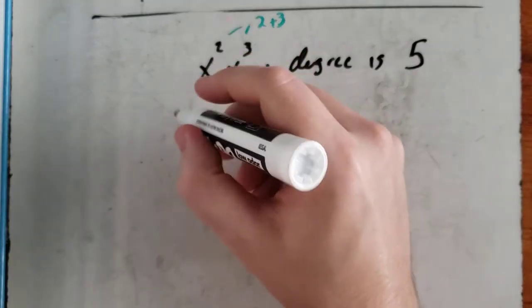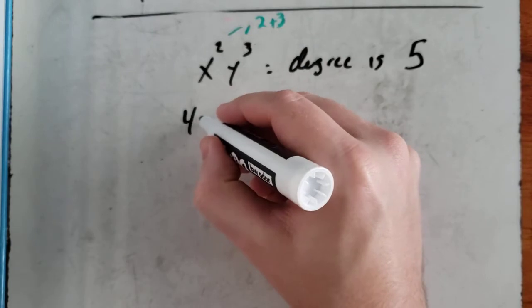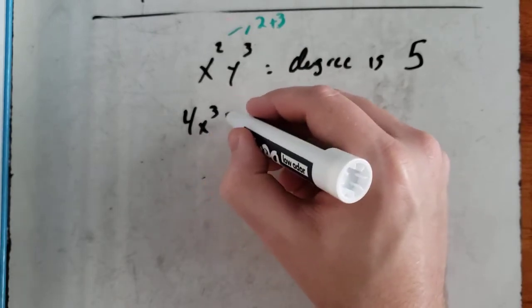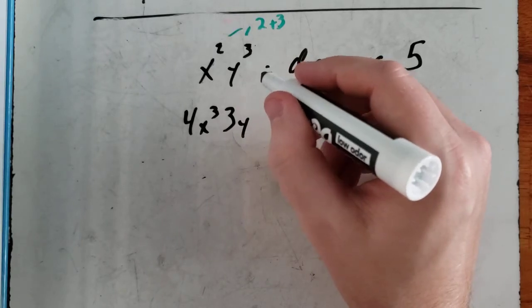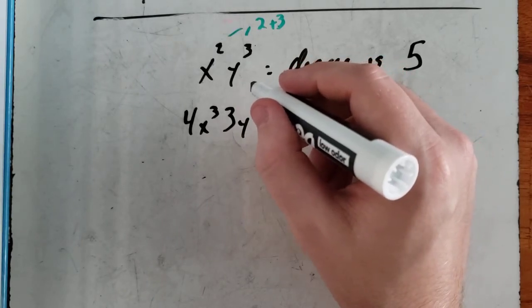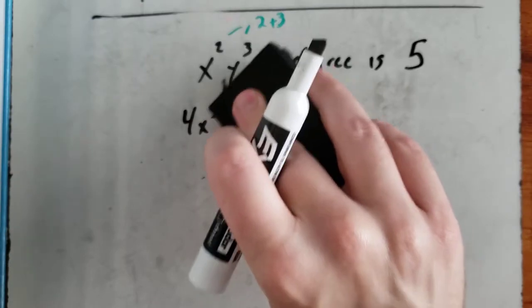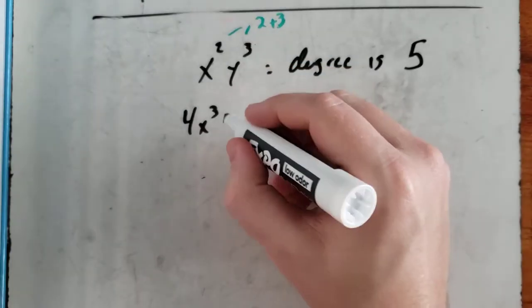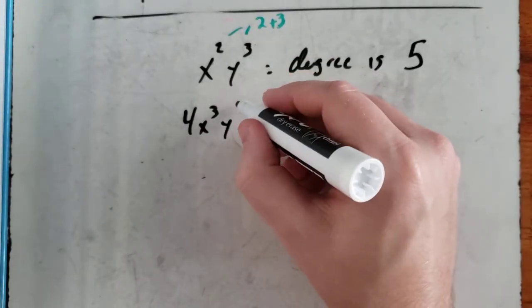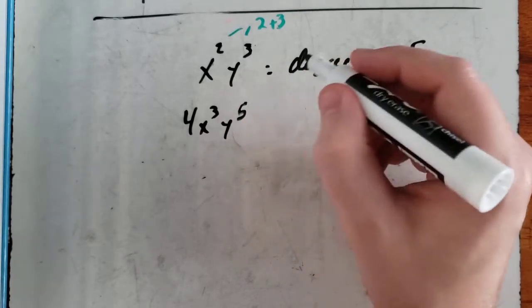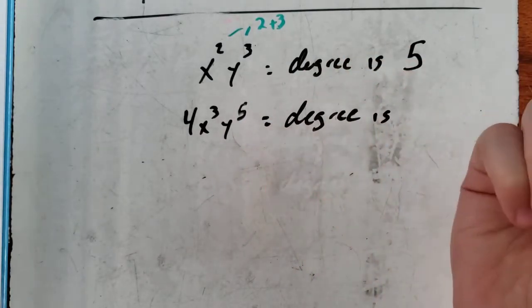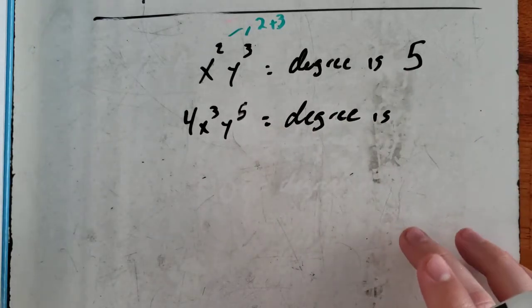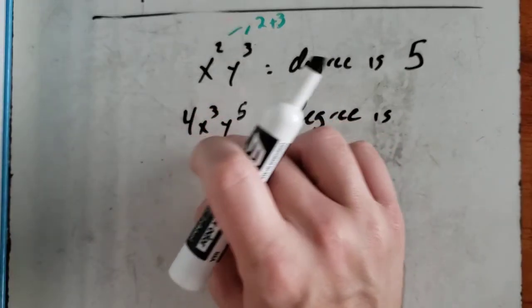What if you had 4x to the third, y to the fifth? Once again, you're only looking at the exponents of the letters.